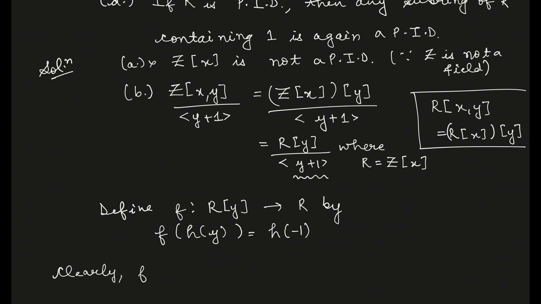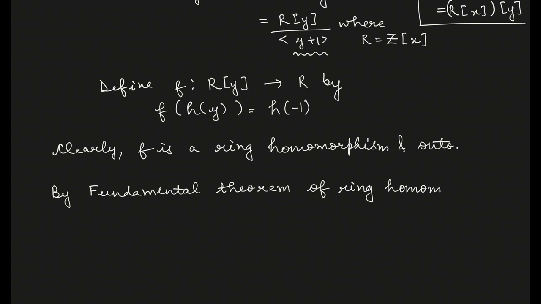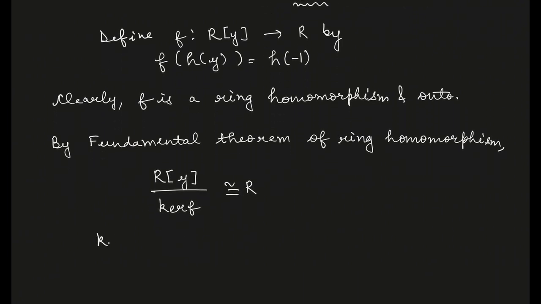Now clearly f is a ring homomorphism and it is onto also. So by the fundamental theorem of ring homomorphism, R[y] upon kernel of f is isomorphic to R. Now what will be the kernel?